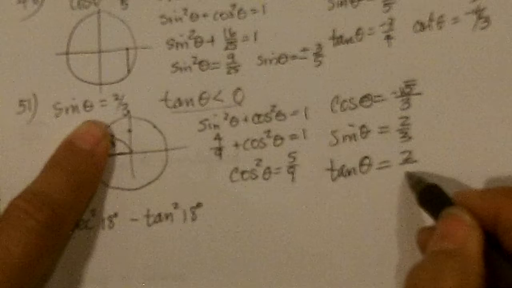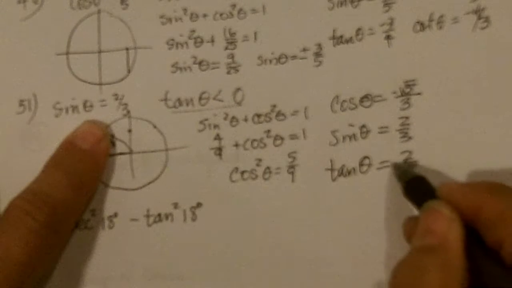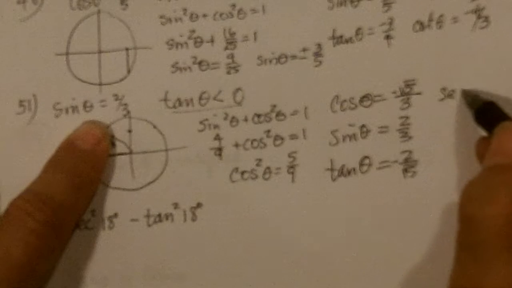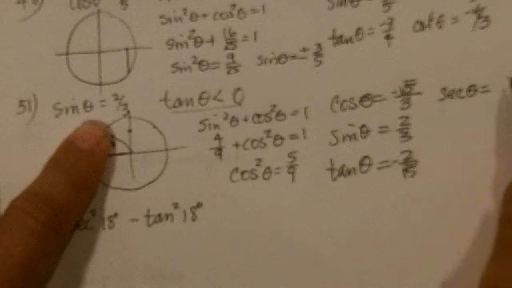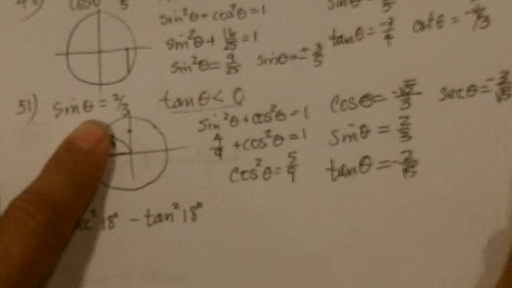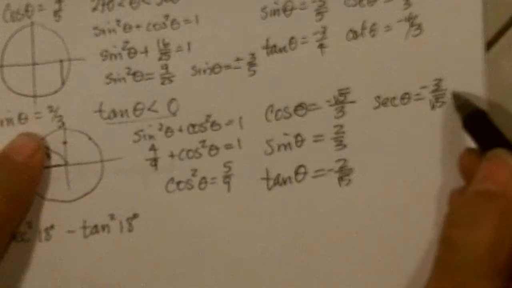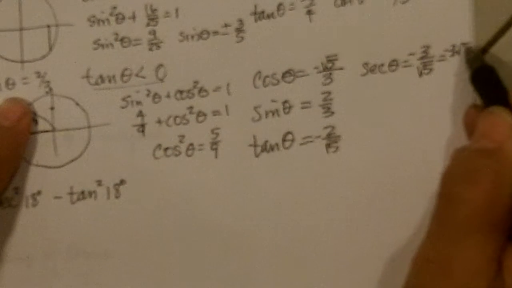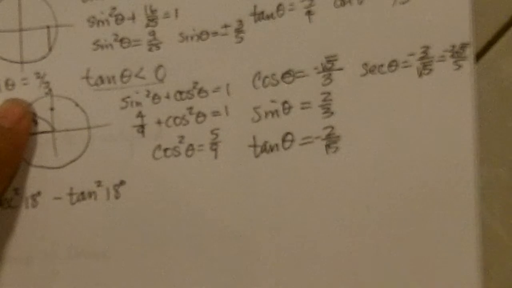They already told us the sine of the angle was 2/3, so the tangent of the angle would be 2 over the square root of 5 and negative. The secant would be 3 over the square root of 5 and negative, and we could multiply numerator and denominator by square root of 5, and we would get negative 3 square roots of 5 over 5.